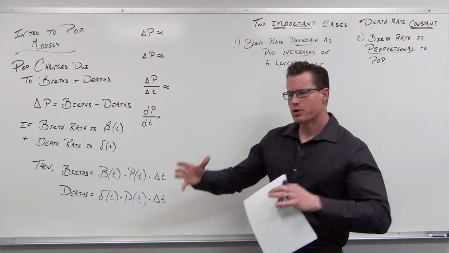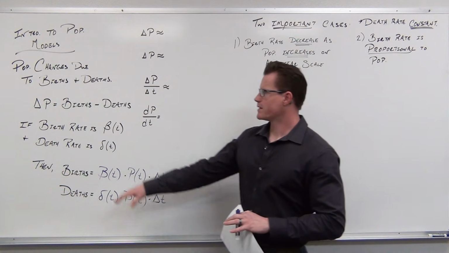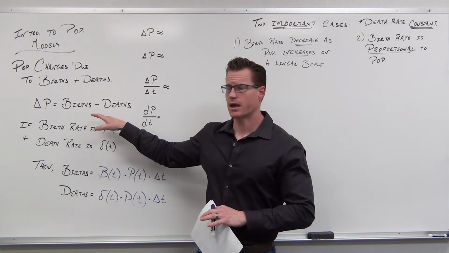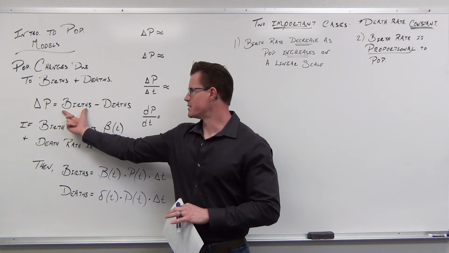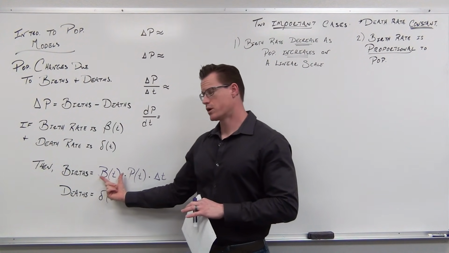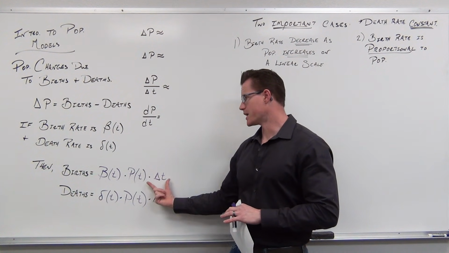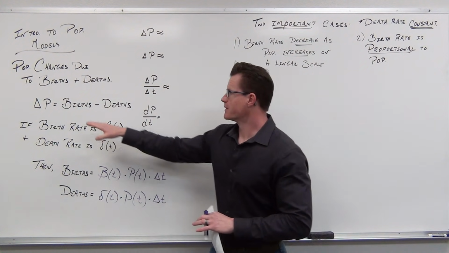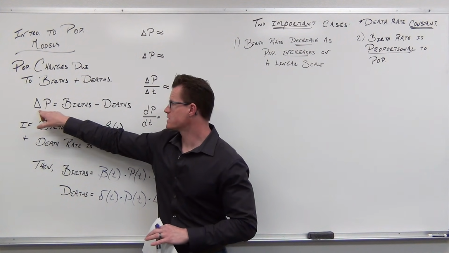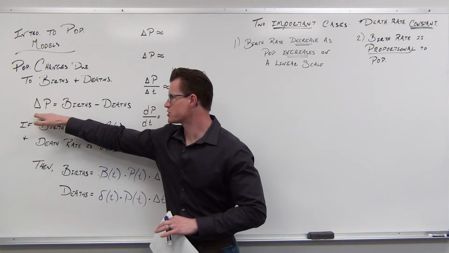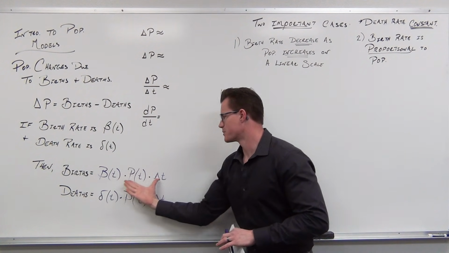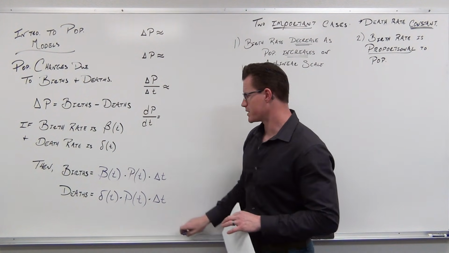Well, if we put this together, the way that our population is changing is related to our births minus deaths, and births can be represented by a birth rate per unit of population per unit of time, and deaths the same thing. So let's say that the amount of change of our population can be represented by births minus deaths. Let's do that right up here.